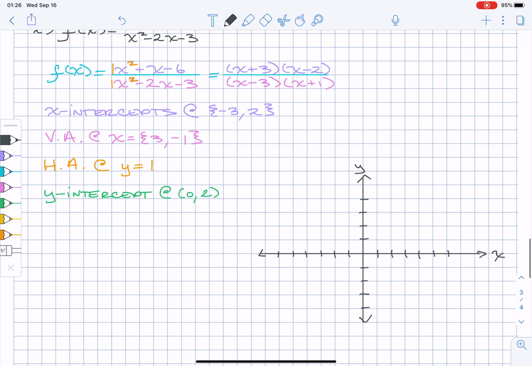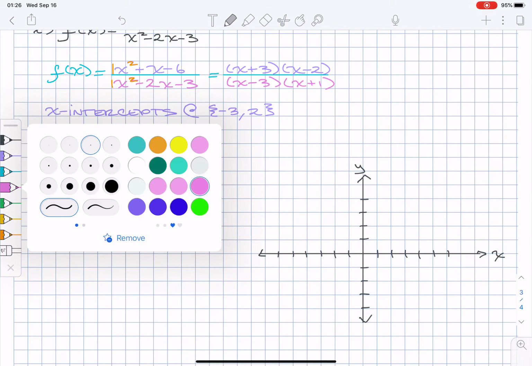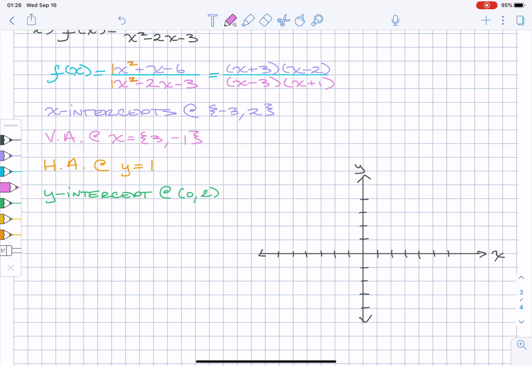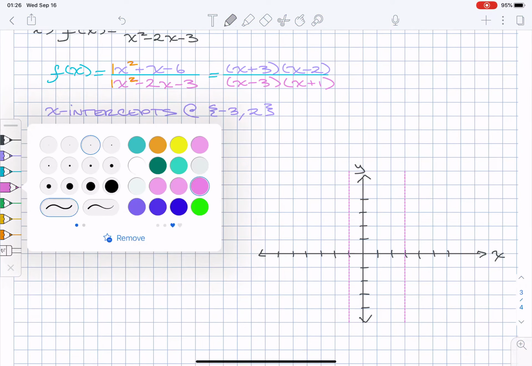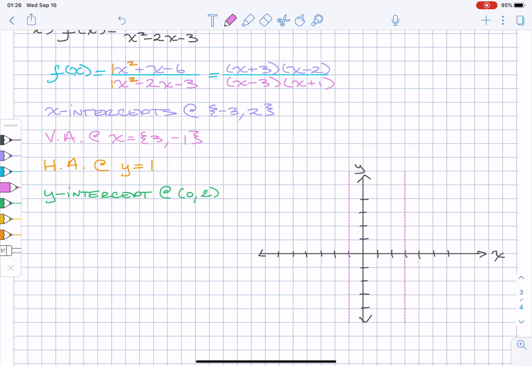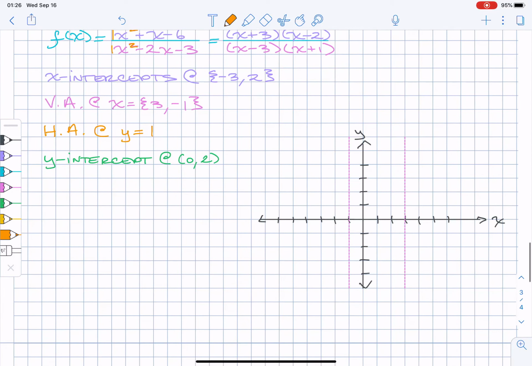So I always draw my asymptotes first. So let's draw the vertical asymptotes, which are at x equals 3 and x equals -1. Please autocorrect my terrible drawings. There we go. My horizontal asymptote is at y equals 1.